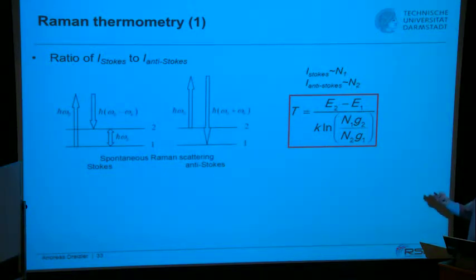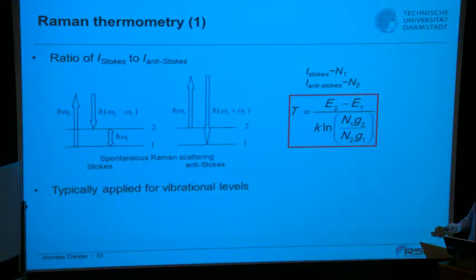If you would do that, you have a huge energy gap in the order of, let's say, 2,300 wave numbers in case of nitrogen. So this energy gap would be large. And that would come at the expense that this anti-Stokes radiation, this scattering process, would be rather weak, because that level would not be heavily populated. But in principle, you can do that.